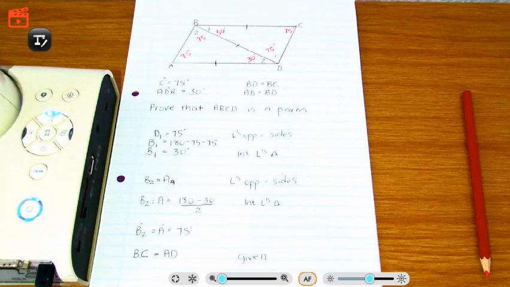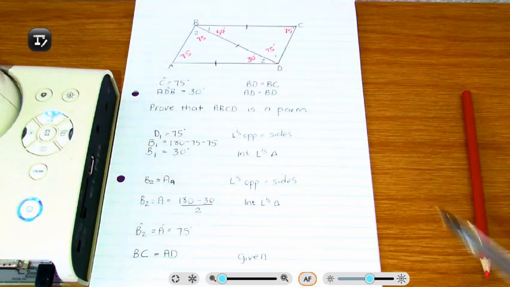Okay, so that's the first thing, is that my opposite sides are equal. Okay, the second thing that I want to now prove is that my opposite sides are parallel.